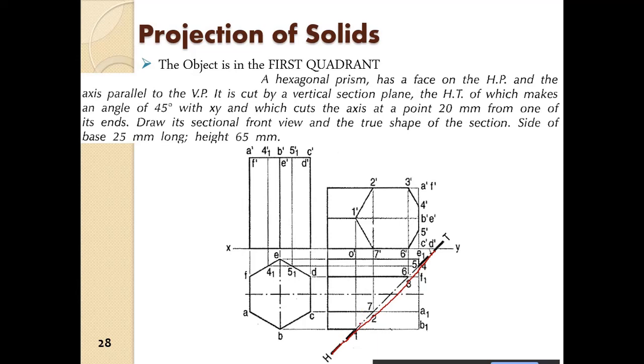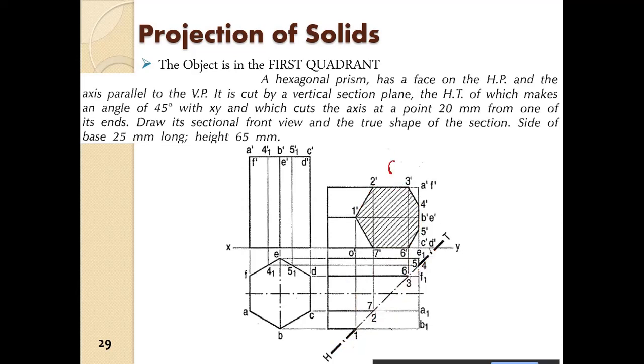Once the section plane is drawn, again you get these points. So these are the points of intersection. These points again you have to project up now. Okay, so once you get these points, you then obtain the plane of intersection. So this is the plane of intersection. So that is what is required to be drawn.